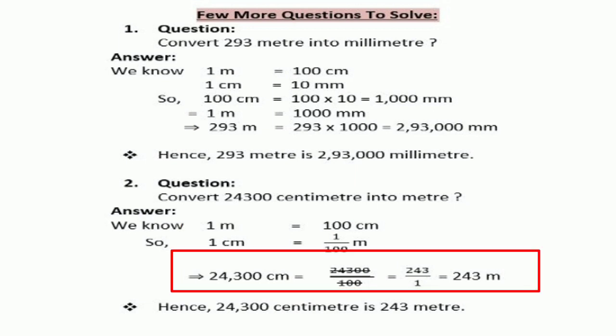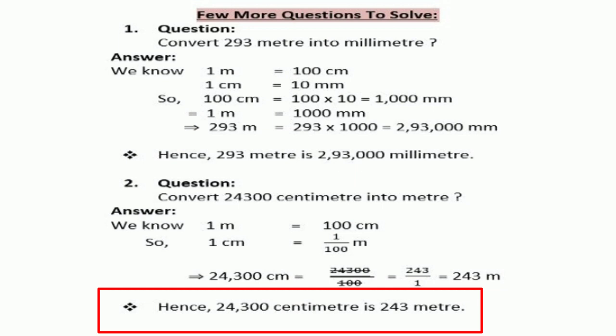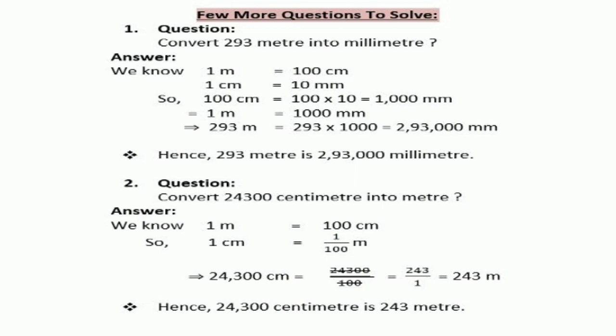So 24300 centimeter is equal to 24300 divided by 100 is equal to, here the zeros cancel each other, then we got 243 meter. It is the answer. So in this way we can convert larger unit into smaller unit and smaller unit into larger unit.